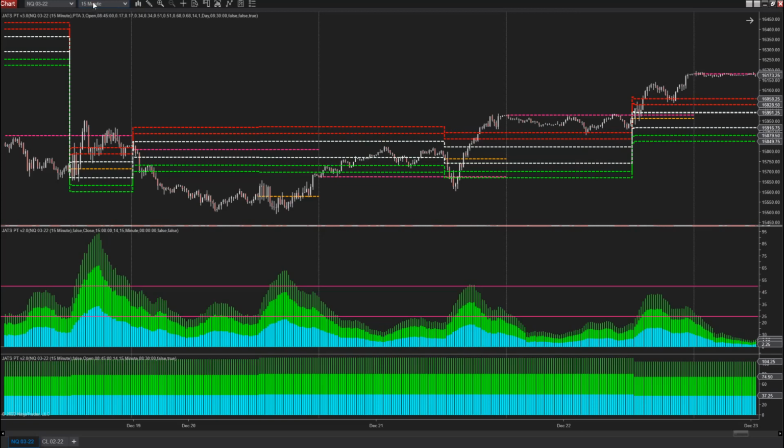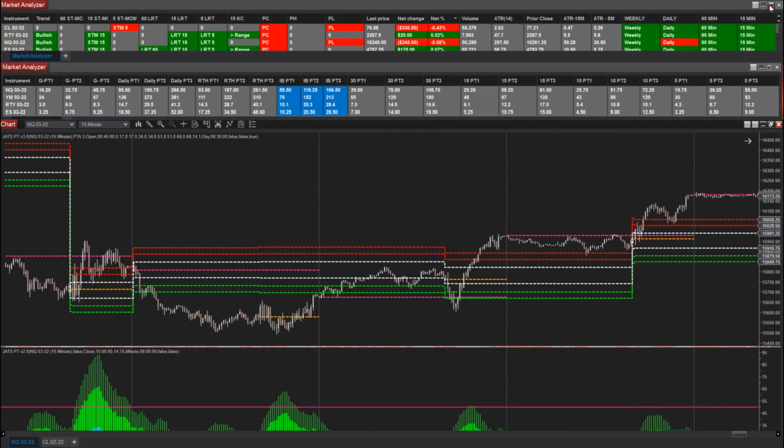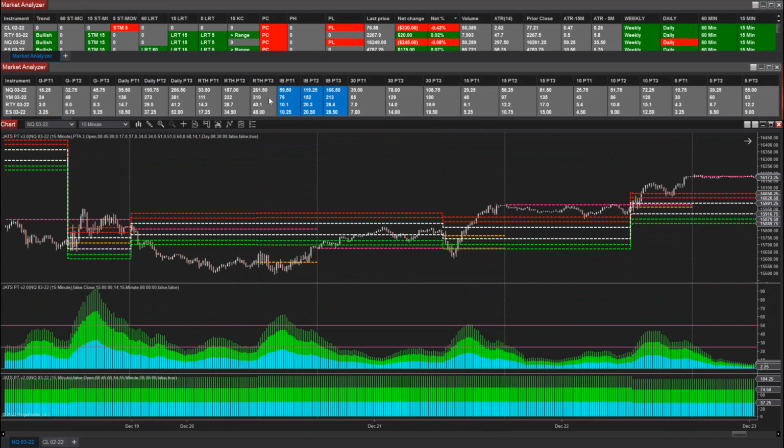You can slice and dice the data numerous ways, but just knowing that over the last 5 periods, 10 periods, 14 periods, 20 periods, however you like to set it up, what that range has been, can help you make decisions based on the current volatility.